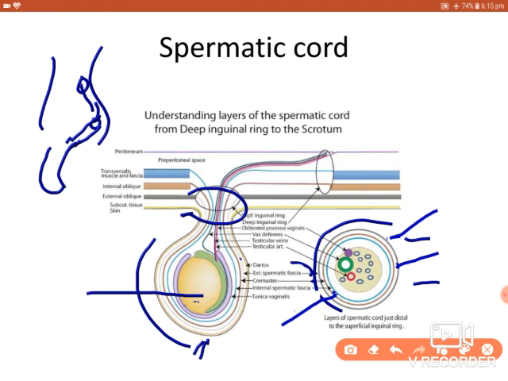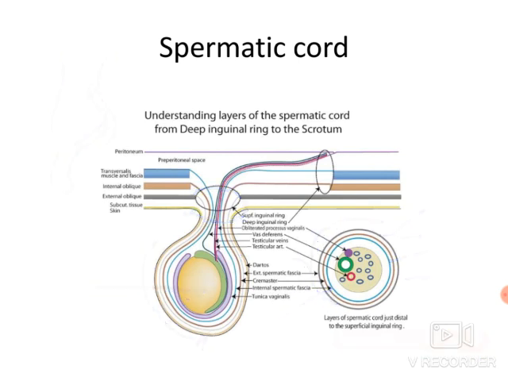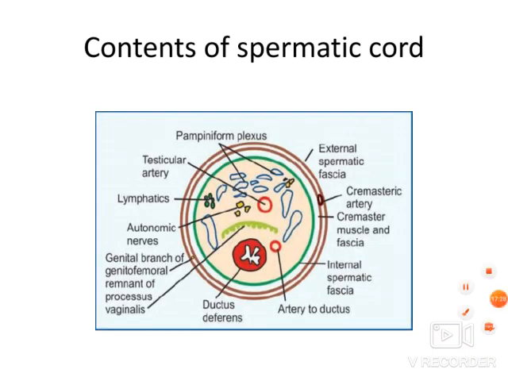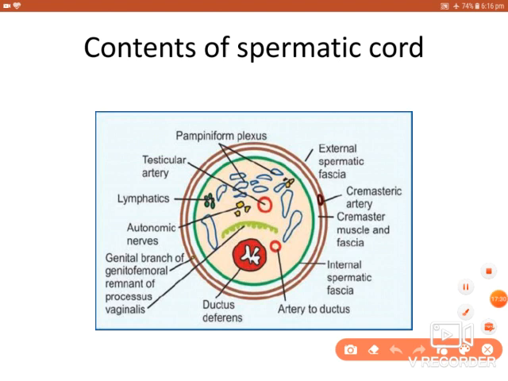Here next are the contents of the spermatic cord, the structures you can see in the spermatic cord. An important structure we already know, this is the ductus deferens. Then here you can see this is the artery to the ductus deferens.